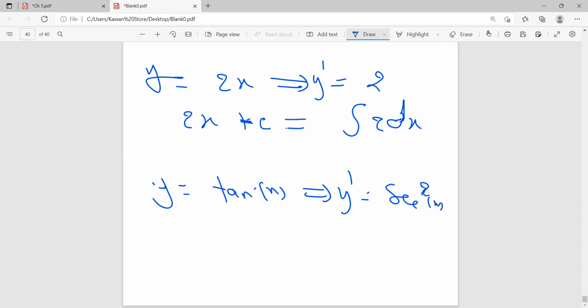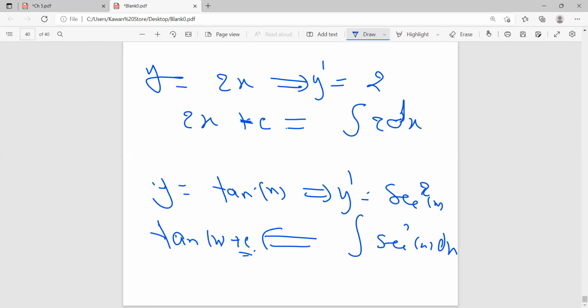Am I right? If I want to get secant squared of x, the integral is equal to tan of x plus c. Later I'll tell you why. Did you get the idea?